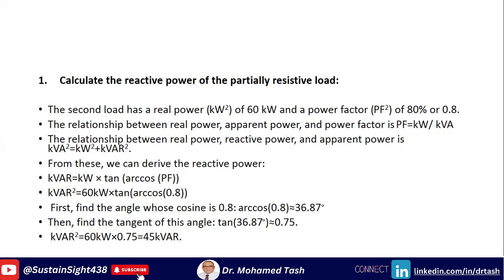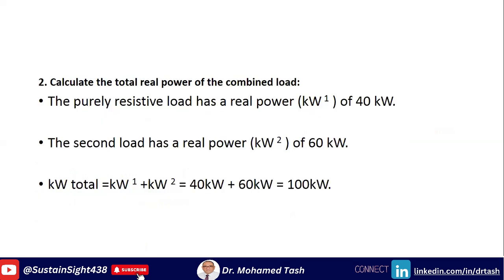To find the tangent of this angle, it will be the tan of 36.87, which is 0.75. So the reactive power here is the real power, which is 60, multiplied by 0.75, which is 45 kVAR.